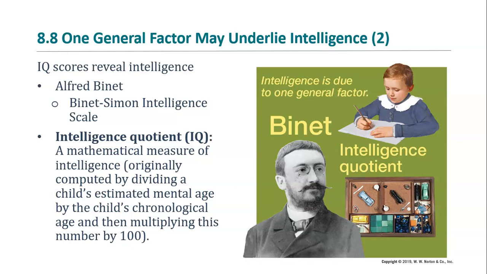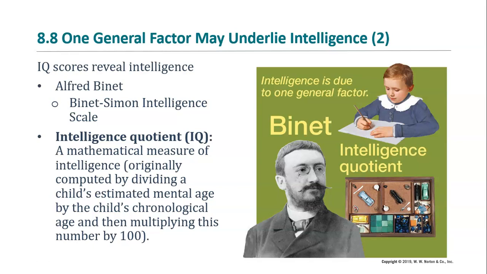He developed a test that measured the average amount children at different ages should know by giving the test to thousands and thousands of children to see what the average score was. And the amount of information that a 6-year-old, say, should know is defined as a mental age of 6.